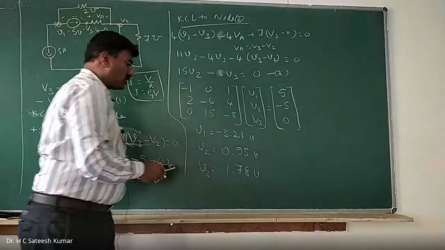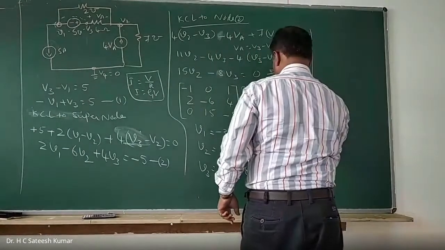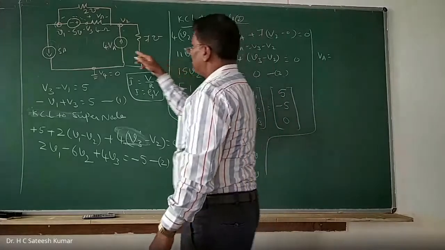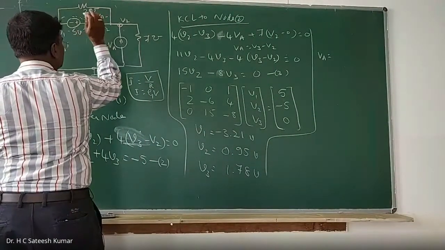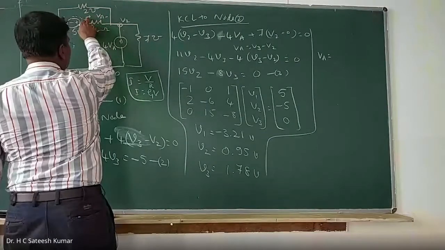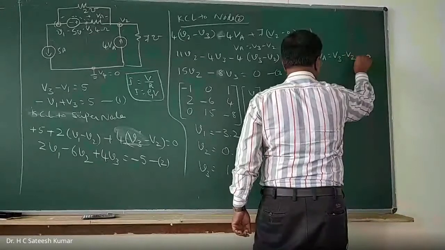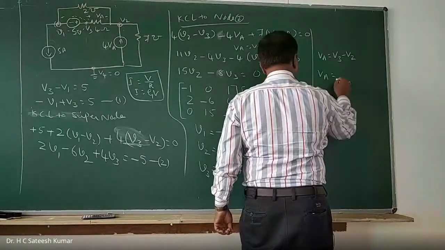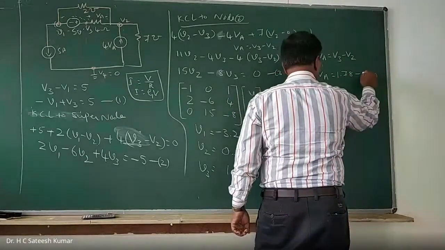Now what is that we have? What is VA? He said VA we have to find out. VA is nothing but V3 minus V2, because this is plus, so this is minus. V3 is 1.78 minus V2 is 0.95.